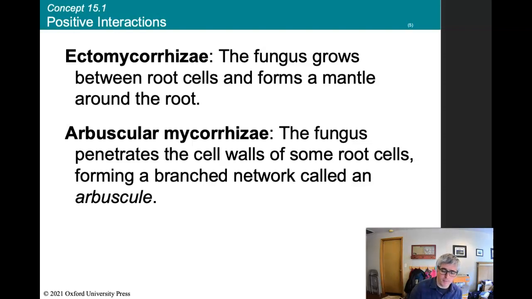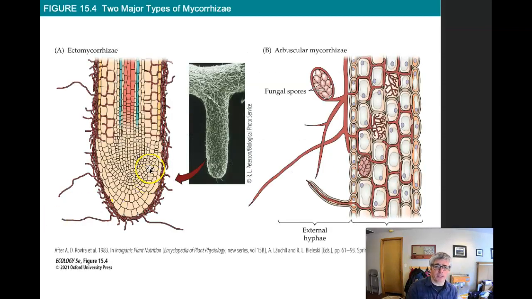So this diagram shows it quite nicely, where you can see the mycorrhizal fungi here in the ectomycorrhizae. And so you can think ecto is outside, but in fact they are sort of on the inside as well, right? But they're not penetrating the cell wall. So you can see the mycorrhizal fungi going around various root cells, but they're not piercing the cell wall here, compared to arbuscular mycorrhizae, which are doing the same thing.